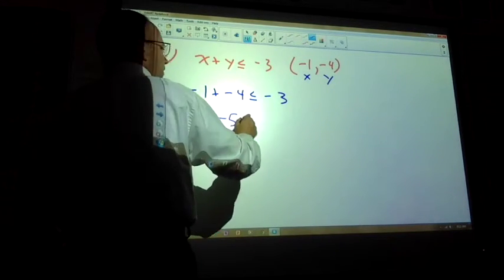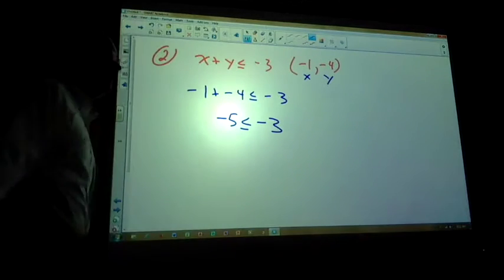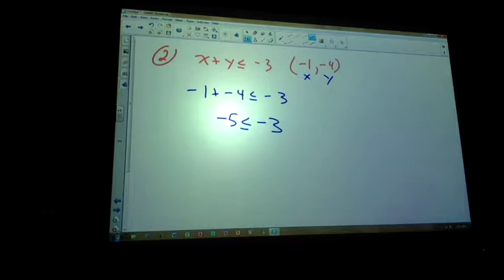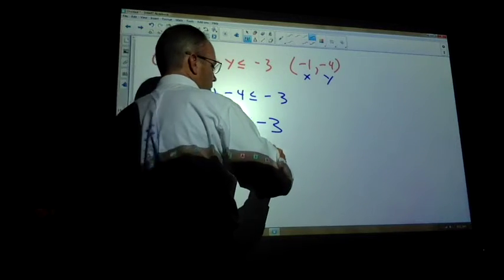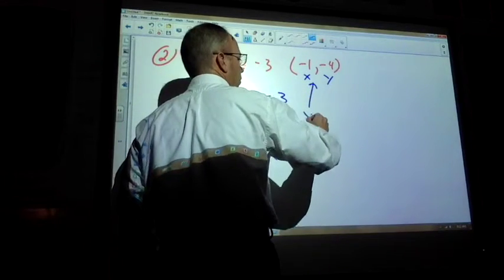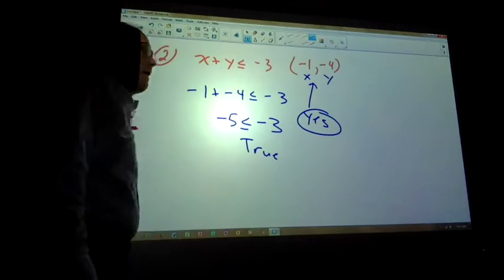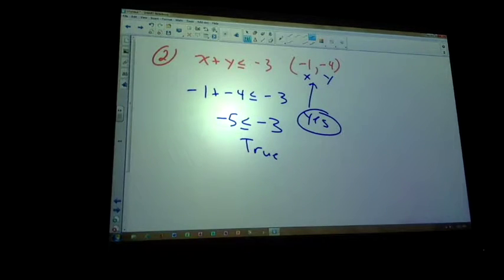Is -5 further to the left than -3? Yes, it is. So this is true. So yes, this is a solution. Okay? And it's one of an infinite amount of points. It doesn't have to just be that one. Anything else from 1, 2, 3, or 4?